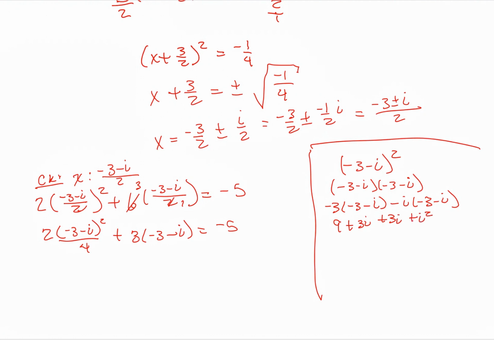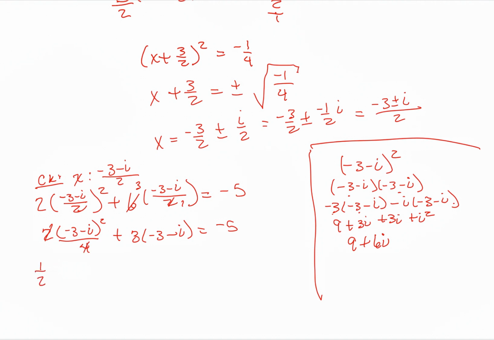So what I've done is I've distributed the first parentheses into the second. Now I've distributed the negative 3 and i into the second, and so I have 9 plus 6i plus i squared. Okay, the 2 cancels here.